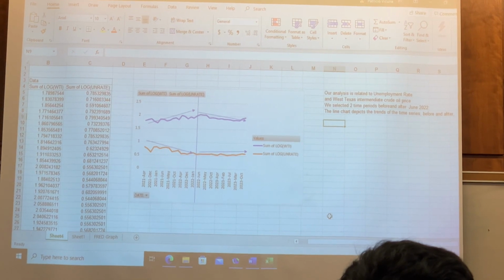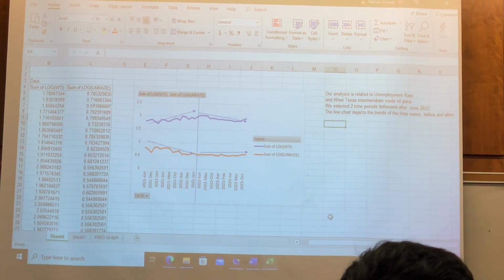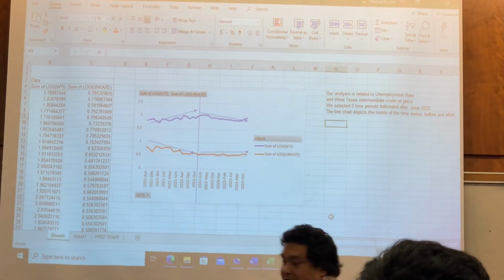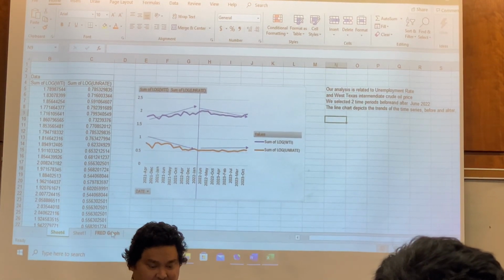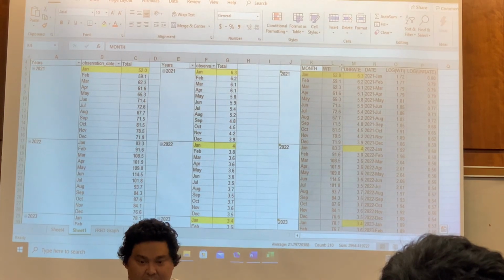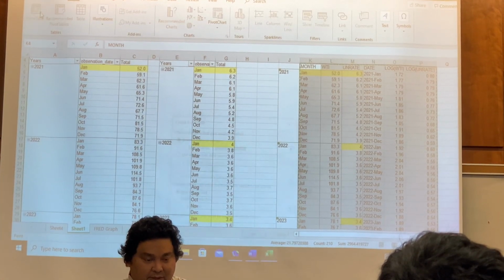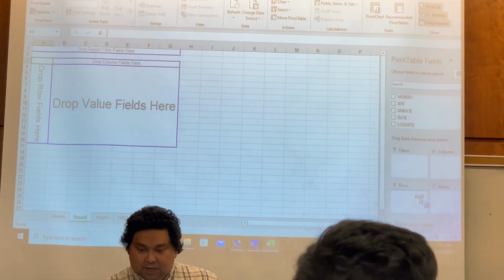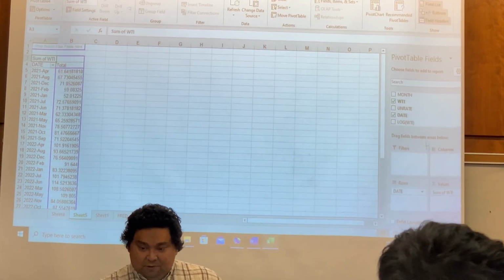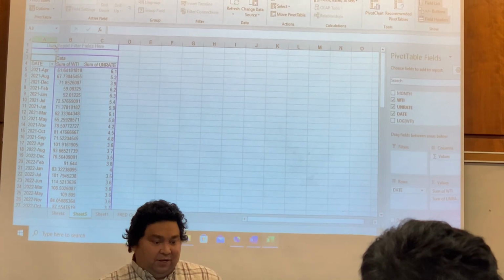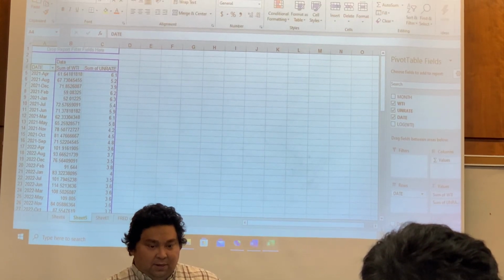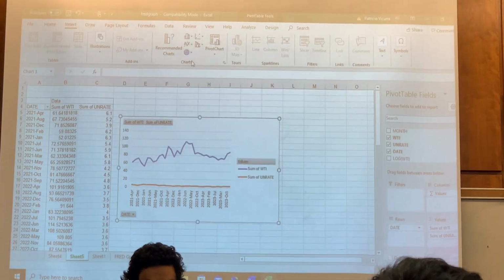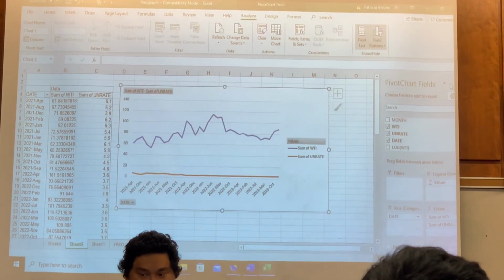So why we transform into logarithm and we didn't use the real data? Look at this. If I'm going to show, let me insert the original data. Right here, WTI unemployment rate. This is the original one. Okay, I'm gonna insert a new chart. Do you see the difference here?